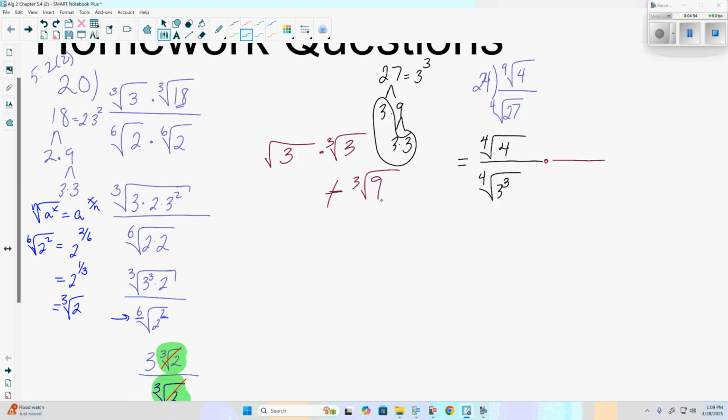Like here where we did the 3 and 18, we can multiply those together. We can only do it if the roots are the same. So if we have different roots, different indexes, we can't just multiply what's inside.